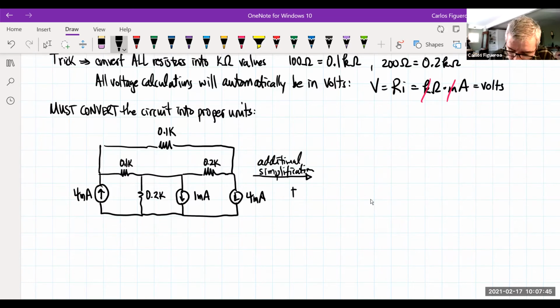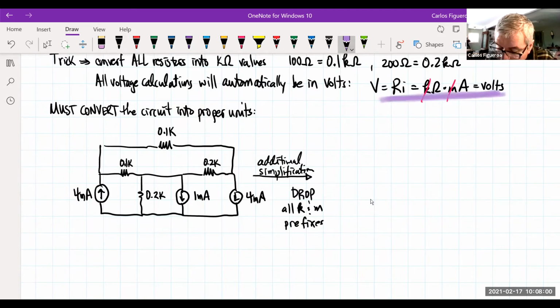I'm going to drop all kilo and milli prefixes. Just drop them because we already agreed on this. We know that they're kilo and they're milli. So if you drop them, look how nice the circuit looks now. But we have to be aware of what's actually happening. So my circuit really looks like this now.